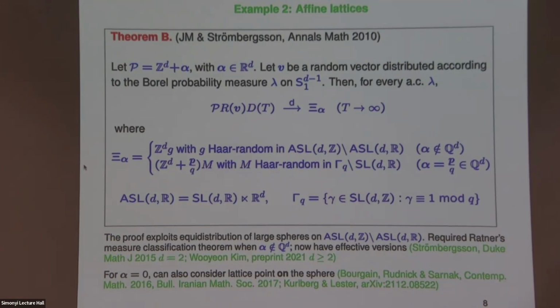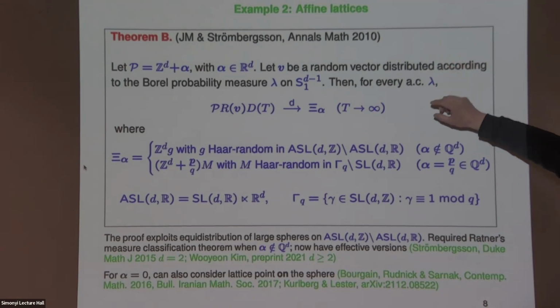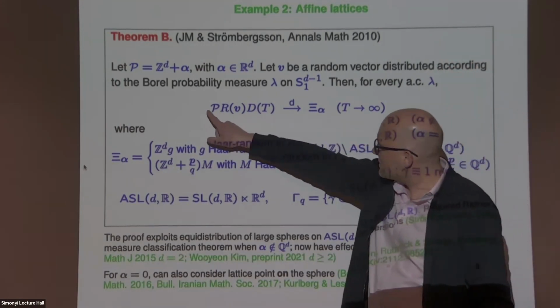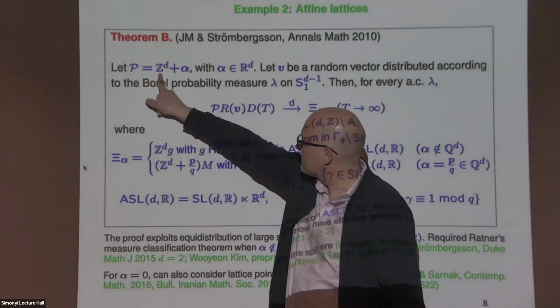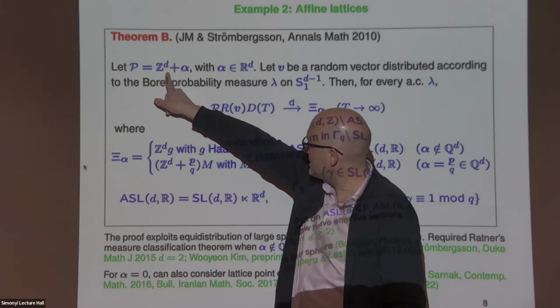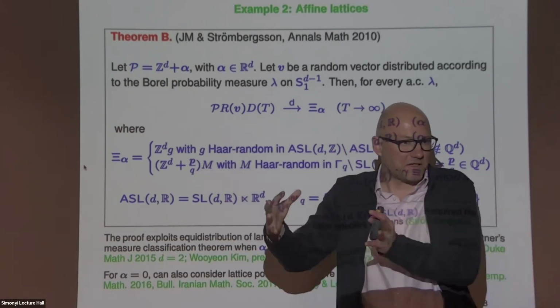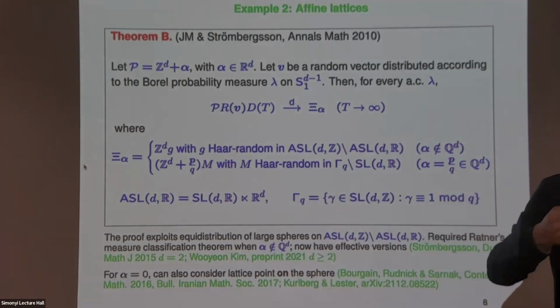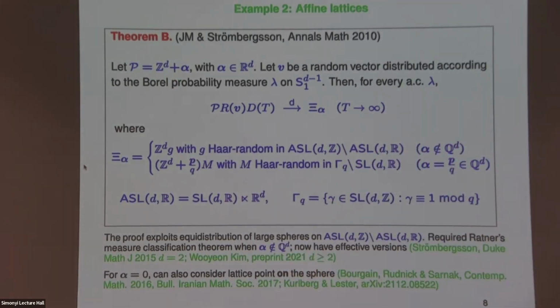We look at the directional statistics, and in an old theorem, again with Andreas Strömbergsson, we proved that if P is now a lattice, take just the cubic lattice Z^d, you shift by some fixed vector alpha, so you get your point set. The observer sits at the origin.